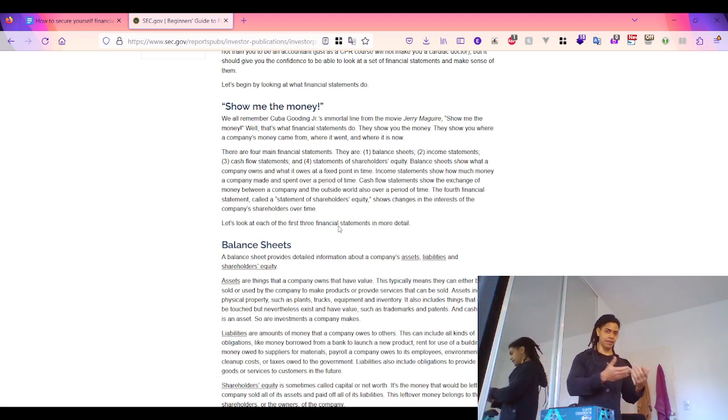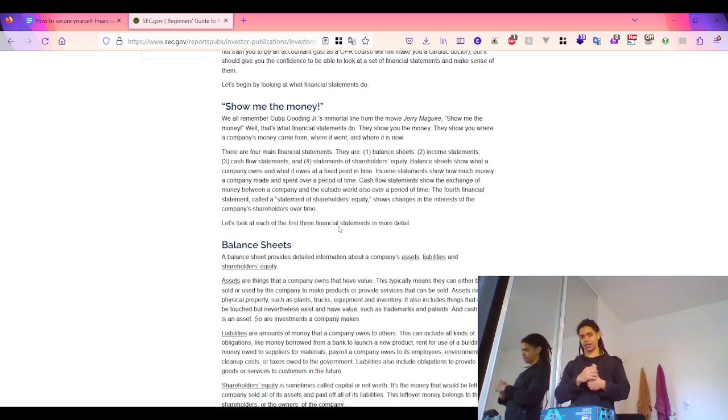So operating assets such as accounts receivable, inventory, prepaid expenses such as premium insurance, rent, marketing, software license, office supplies, maintenance contract.